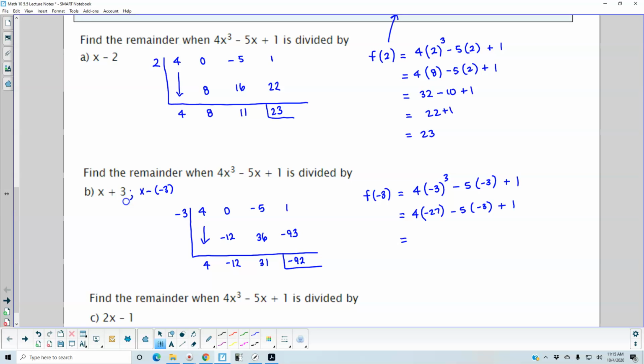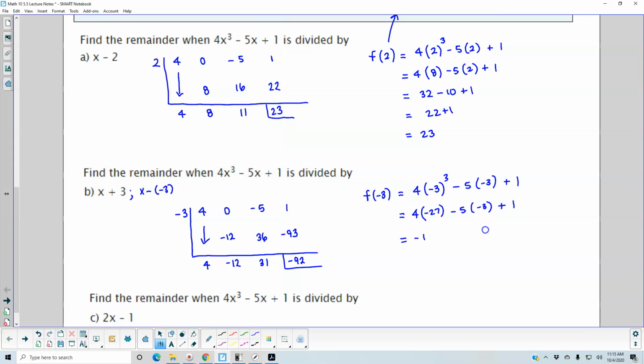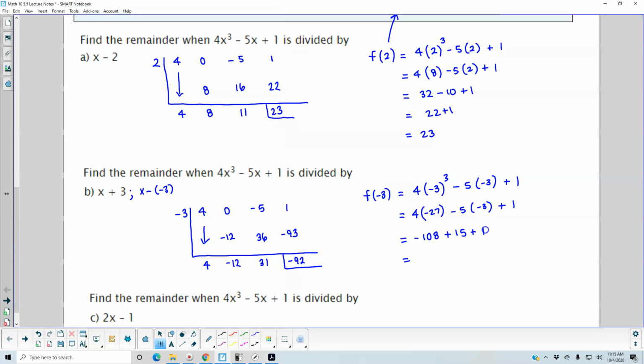And 4 multiplied by -27 is going to give us -108. So -108 plus 15 plus 1. Well, let's go ahead and follow the order of operations. We have -108 plus 15 plus 1 gives us -92, which should work out here as well.